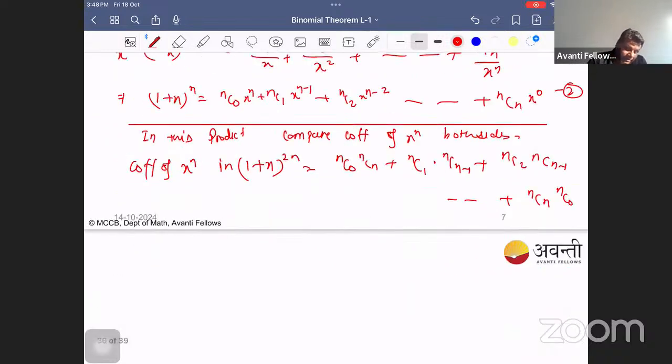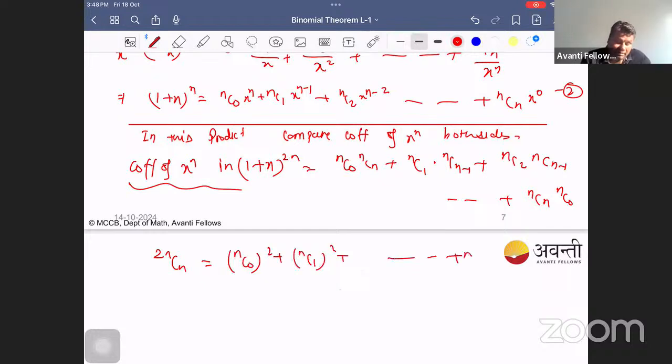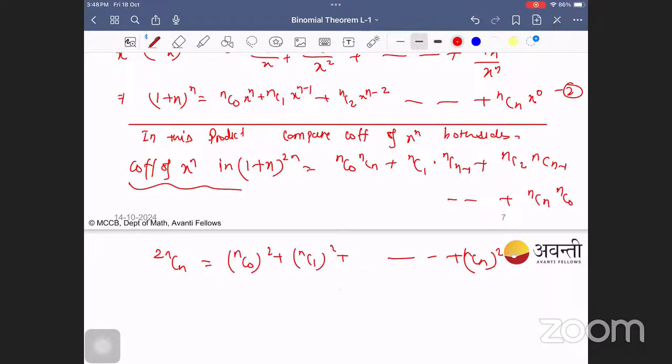Now, the coefficient of x to the power n in (1 plus x)^2n is 2nCn, which is nC0 square plus nC1 square and so on, nCn square. Am I correct? Yes, sir. Very good. So this is how we can also approach them using comparison, comparing coefficients. Take a look.